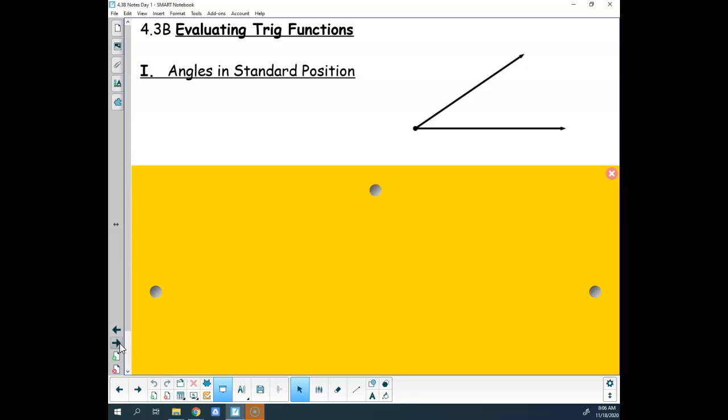Okay. So, let's talk about an angle. We have angles in life. There are actually 3 distinct parts to an angle. The first part is where they meet. We call that the vertex of the angle.